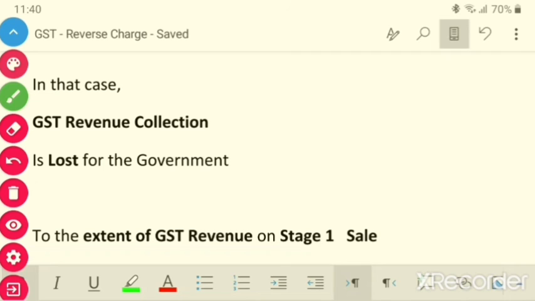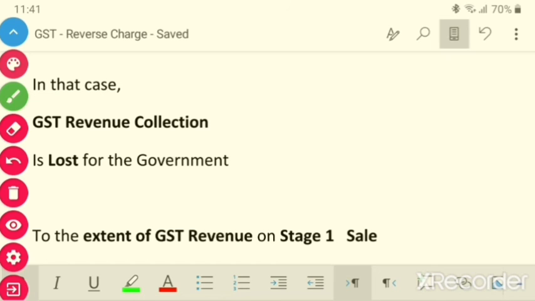See, on the face of it, prima facie observation, from the angle of seller 2, accounting profit is the same, 105, whether reverse charge is levied or not. For the government, revenue collection is the same, 45, whether reverse charge is levied or not.